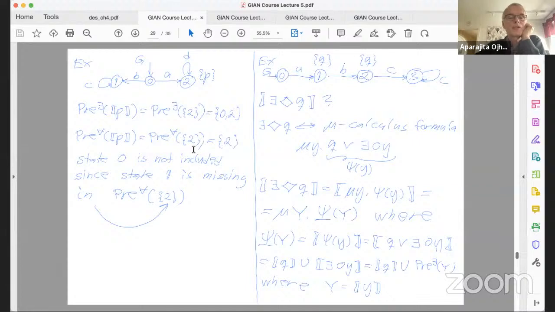So that means that for pre of P, you only include those states where it's possible to get to state 2, and you started with Y equal 2.